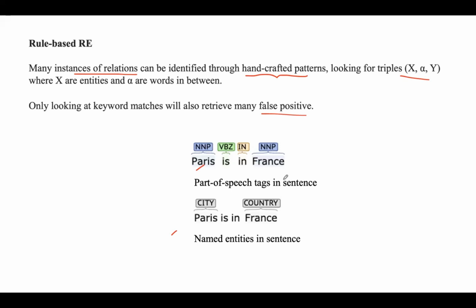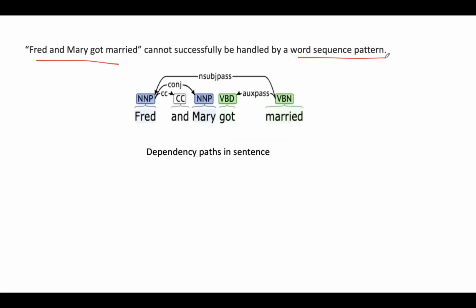But sometimes this method may not work, especially if the sequence is very long. If you take this sentence, Fred and Mary got married, it cannot be handled by a word sequence pattern. So instead of using named entity recognition or part of speech tagging, you can go with dependency parsing for these types of sentences.